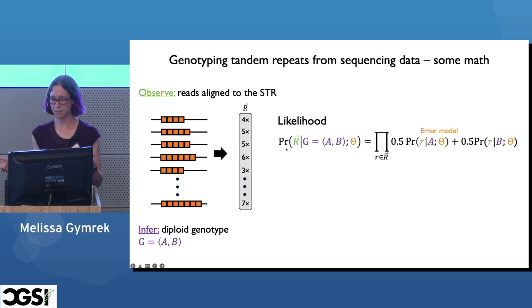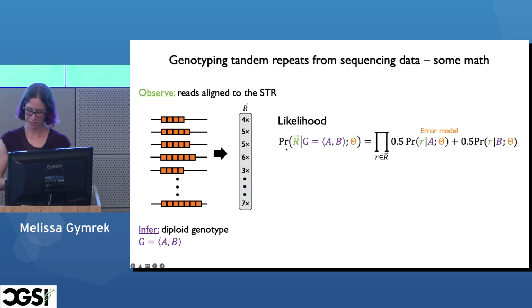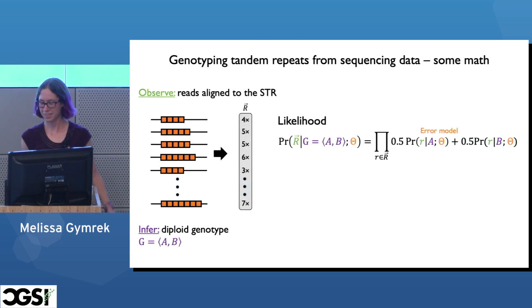We tend to do this using a likelihood approach, which has its pros and cons. In this case, we could write down a likelihood, which is just the probability that we observed this vector of reads, given that the underlying genotype was actually A copies and B copies of the repeat unit.